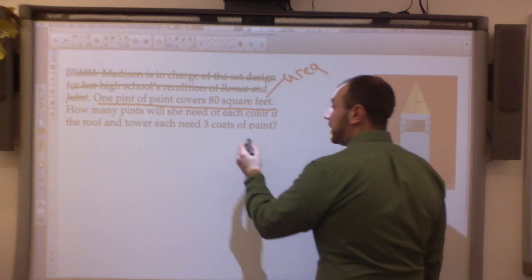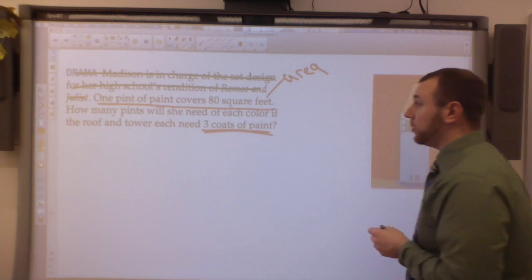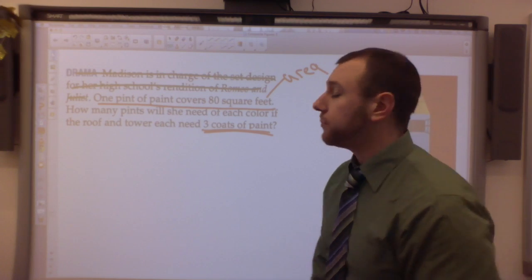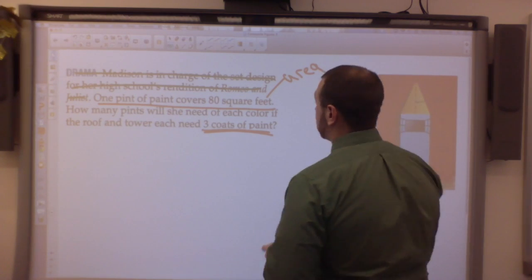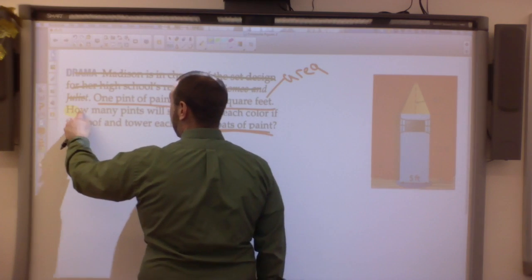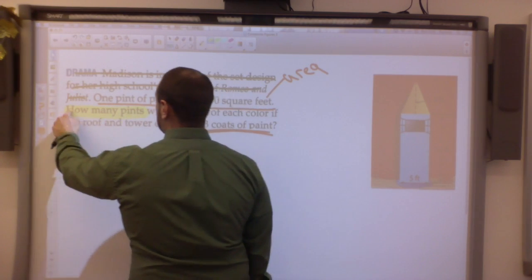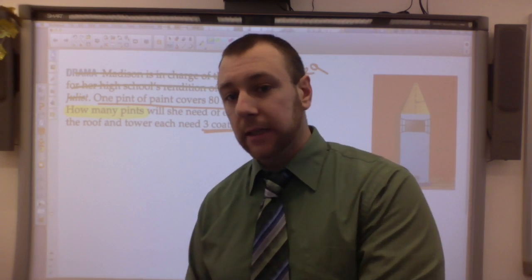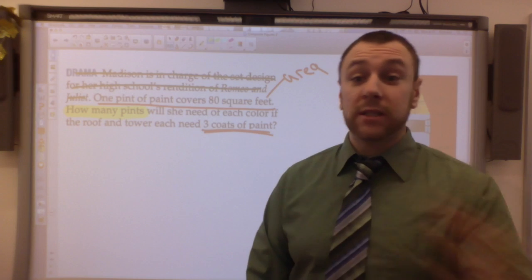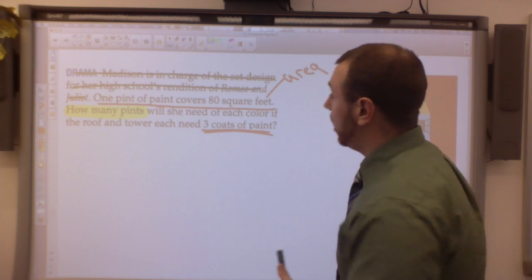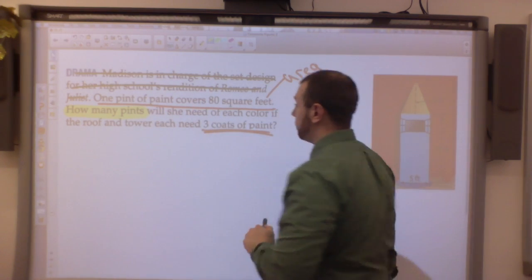The other key piece to this is 3 coats. It means I'm covering this thing 3 times. And the question asks me, how many pints? Okay, that is my grand question. So it's not just what's the area, it's how many pints. So I have to relate it back to this 80 square feet.